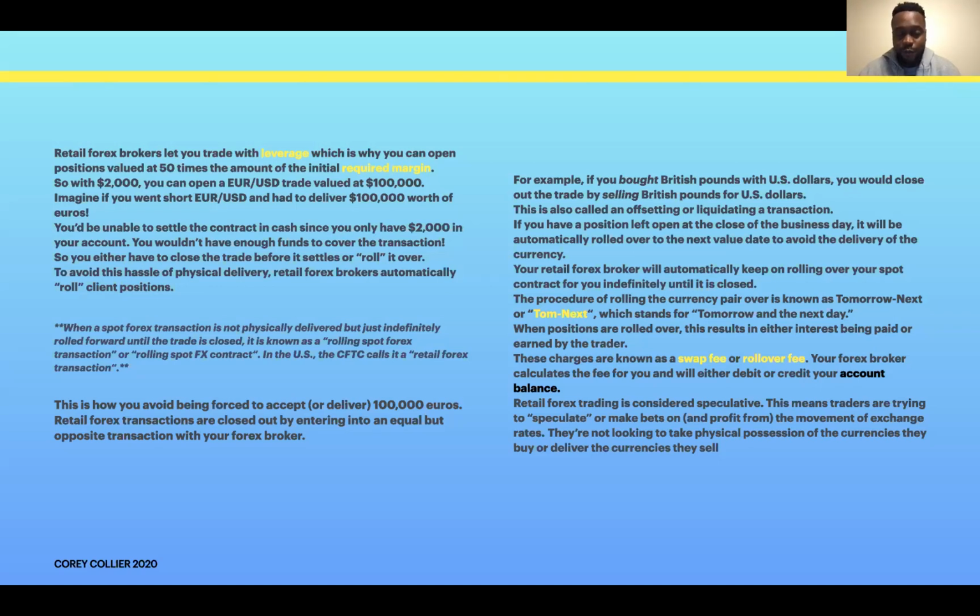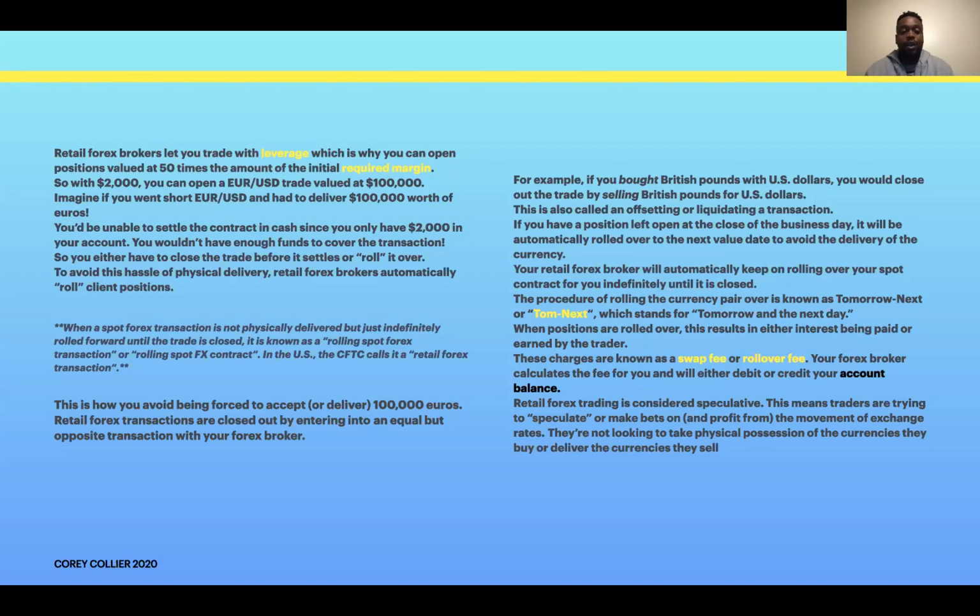I want to touch on that for a second, guys. There is absolutely no difference between a rolling spot contract or a rolling spot Forex transaction and a retail Forex transaction. There's absolutely no difference. The wording is different because of the regulation behind a US trader. That's it. This is how you avoid being forced to accept or deliver 100,000 euros.